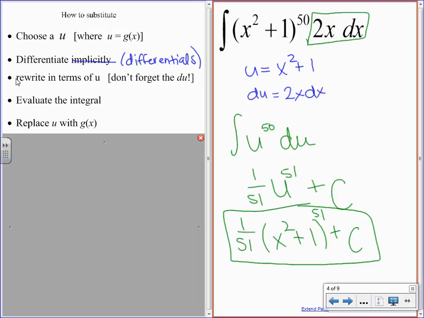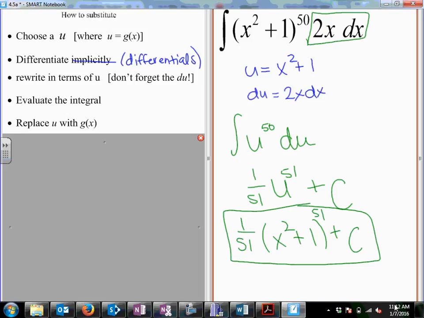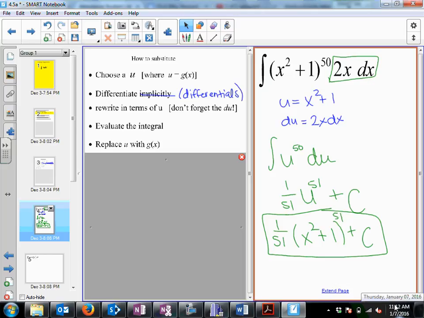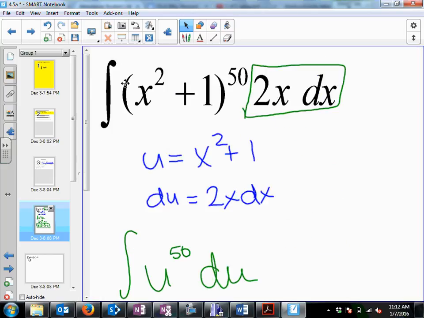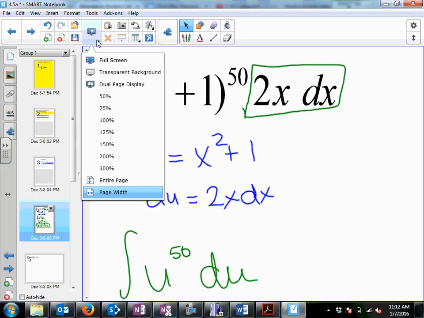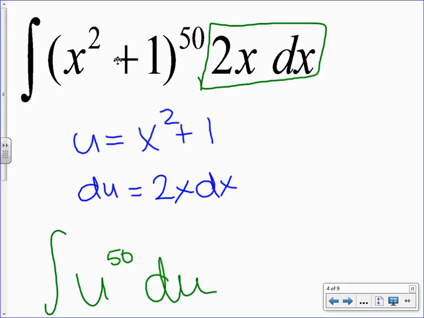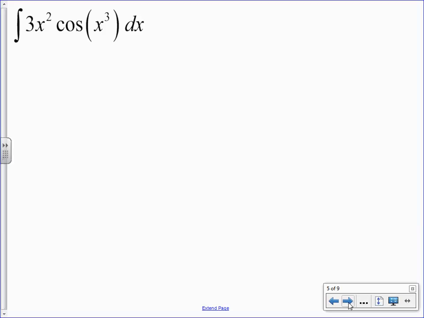Not all the time is it going to be the exact number that you need. But we'll get to those examples in a little bit. What are you confused about? Okay, so this 2x dx was conveniently right here. It's not always going to be there, but we'll get to the one that isn't. Oh, it's the derivative of u, okay, now I get it.